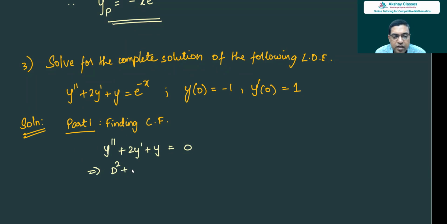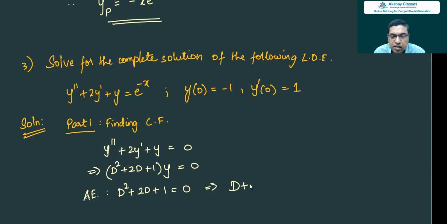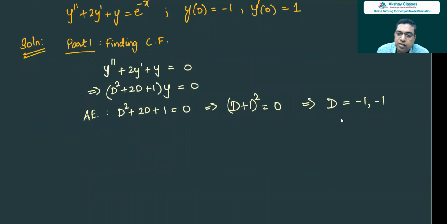So you have (D squared plus 2D plus 1) y equal to 0. The auxiliary equation is D squared plus 2D plus 1 equal to 0, which means (D plus 1) whole squared equal to 0. So there is a repeated root: D is minus 1 and minus 1.